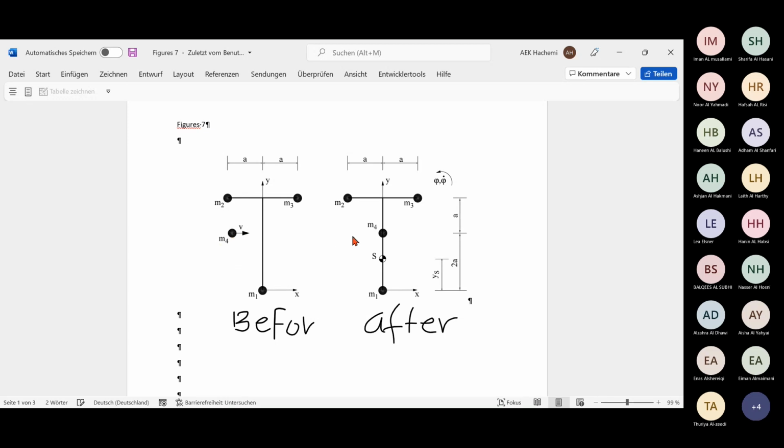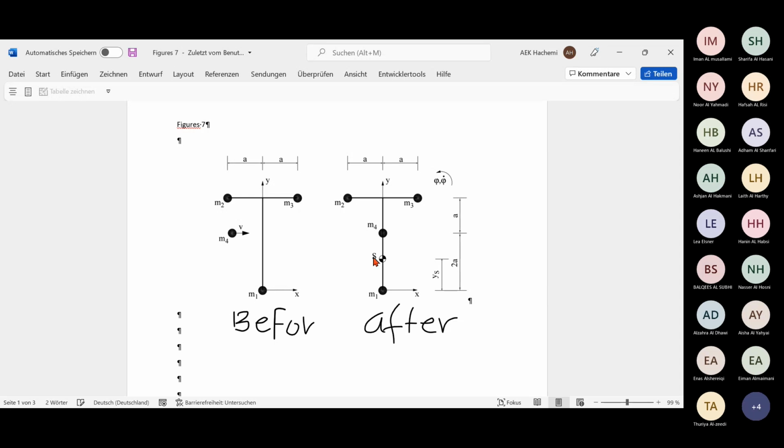When the impact happens, when the mass M4 strikes the rods, we have one system which will rotate with a certain angular velocity v dot.